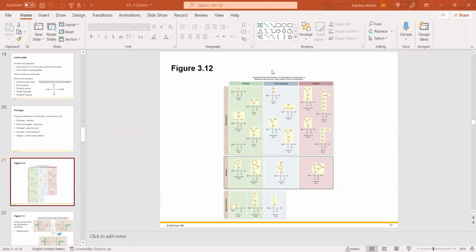This figure from your textbook shows the 20 different amino acids found in nature, and these 20 different types form different types of proteins according to their sequence within the proteins or polypeptides.